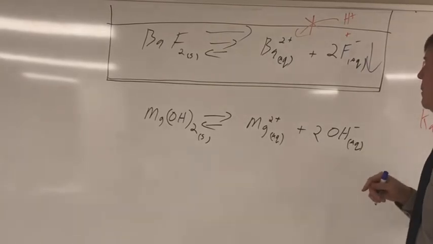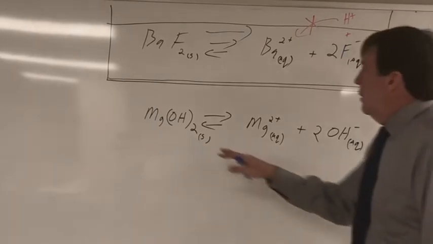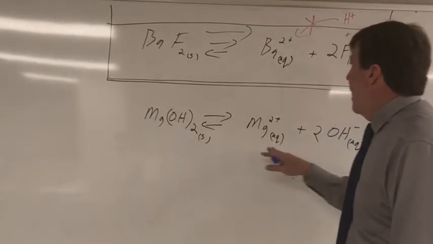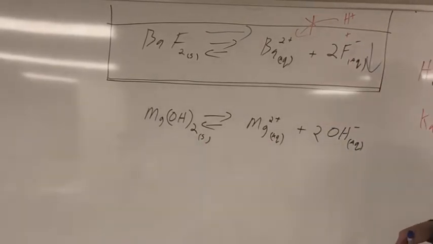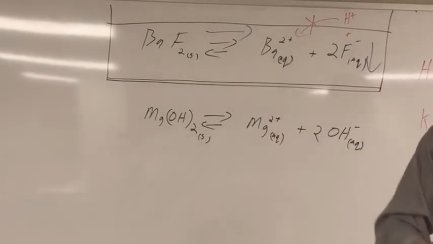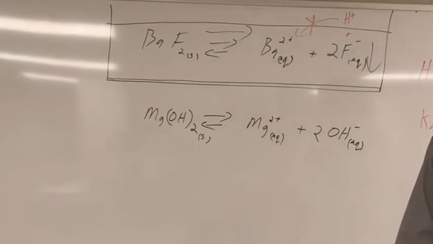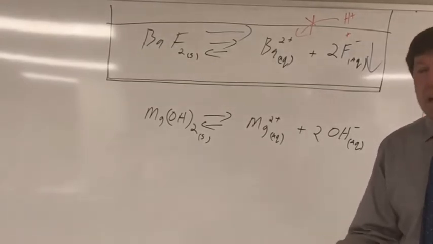So, kind of cool. Notice here, this is magnesium hydroxide. What would be the effect of adding a base to this? Go ahead and answer that. Is solubility going to increase? Is solubility going to decrease? Or is solubility going to remain unchanged?